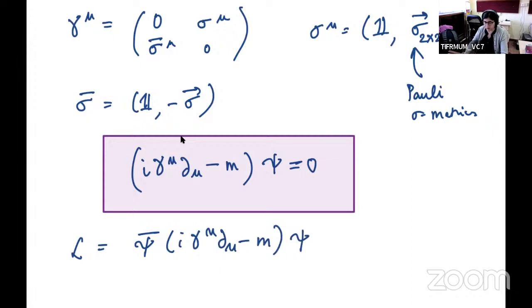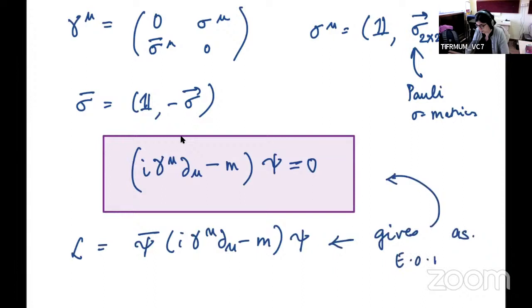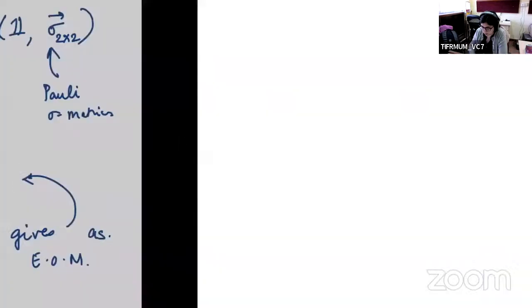Okay. So you can, yes, the equation of motion. Okay. So is there anyone here who has not come across this at all before? Okay, good. That's good.